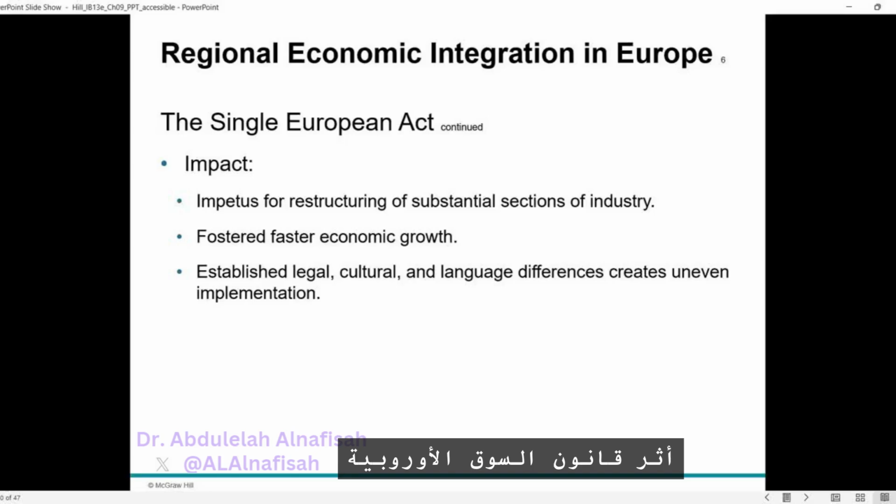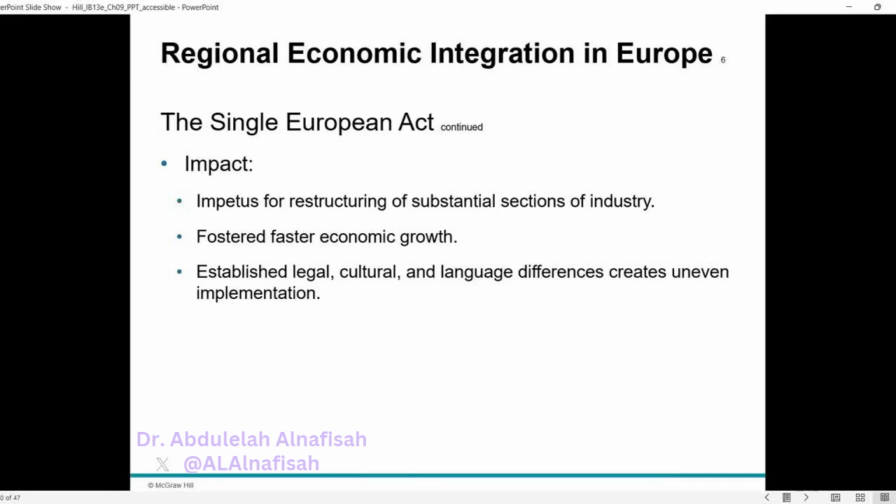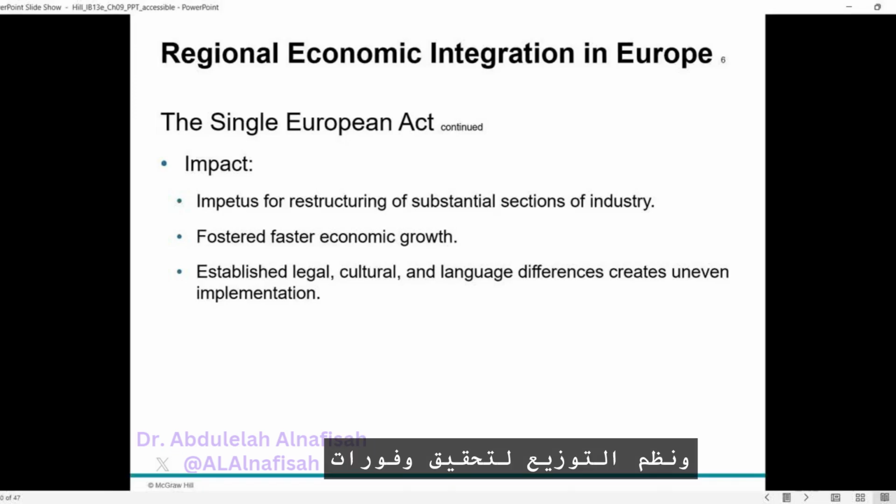The Single European Act significantly influenced the EU economy by driving industrial restructuring and encouraging firms to adopt pan-European production and distribution systems to achieve scale economies and compete effectively. This contributed to faster economic growth.